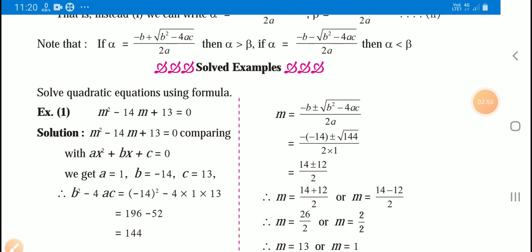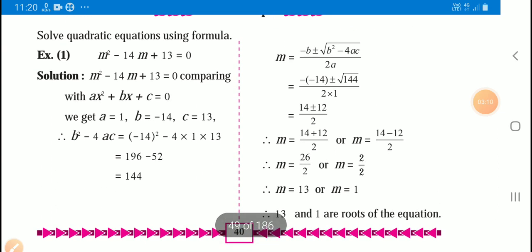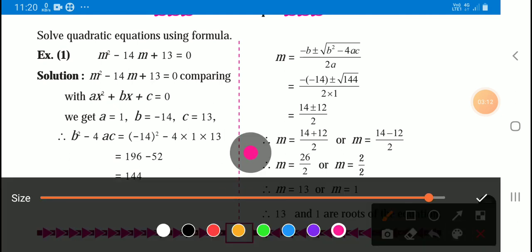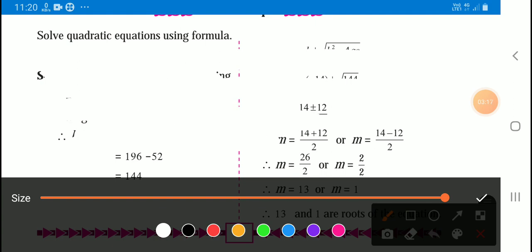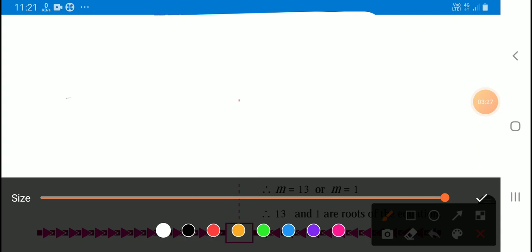Now I will take an example from your book only. We will solve an example of the formula method from your book. So first of all I will make some place here to solve the example. We will solve the example by using the formula method.